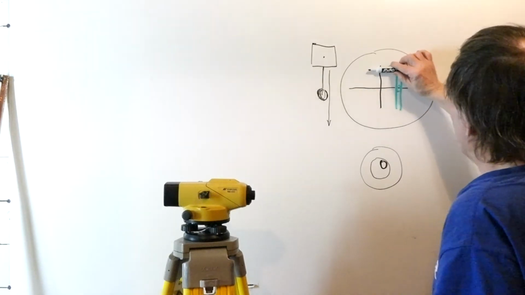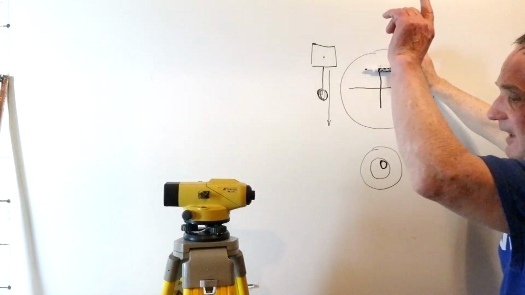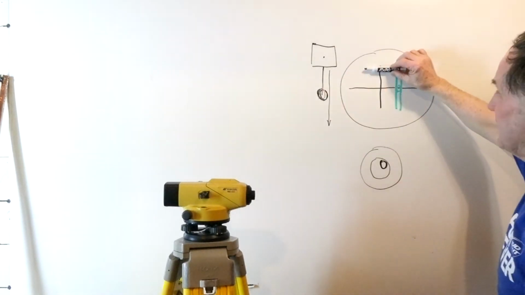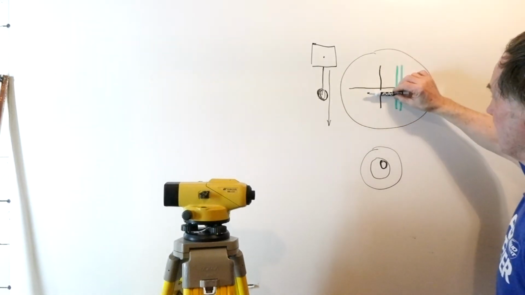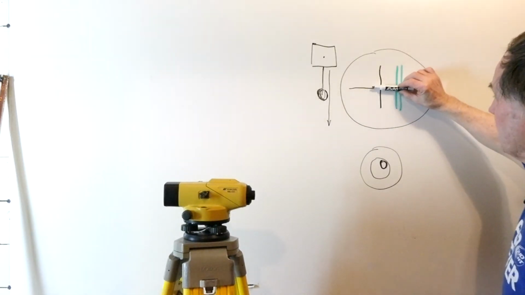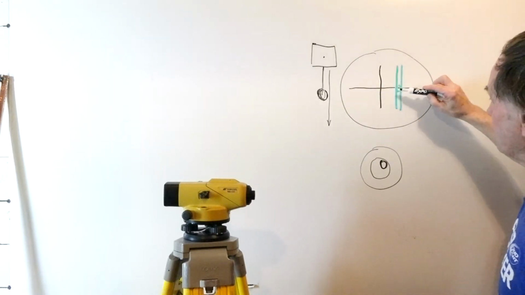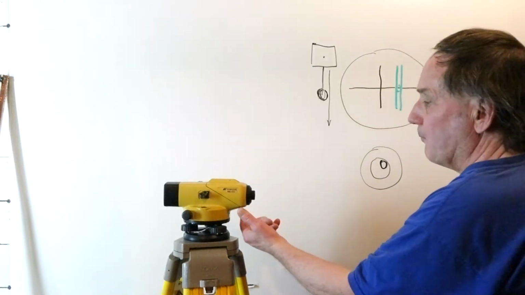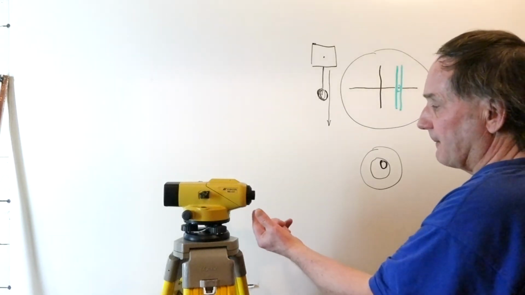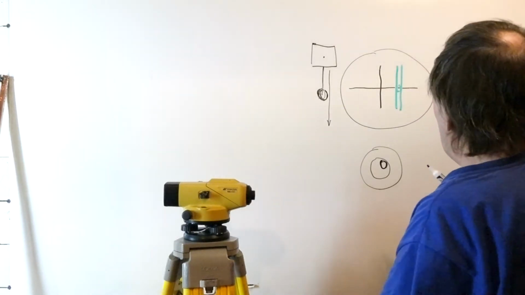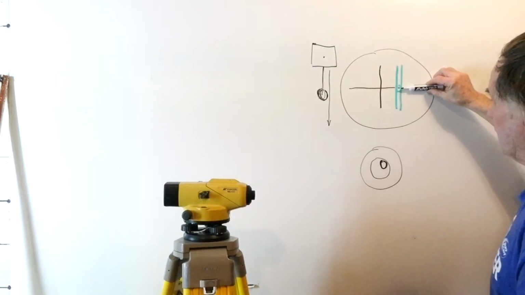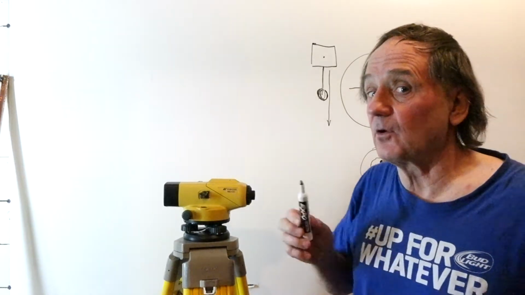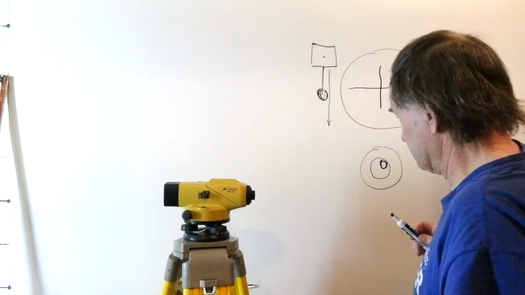Say it'll move up or down, the crosshair will be here, and then when you release it and let it go down, the crosshairs will settle back to right at the same spot. But if you happen to move the auto level, tilt it up or down, and the crosshairs don't settle back to the same spot, then you know the compensator isn't released.